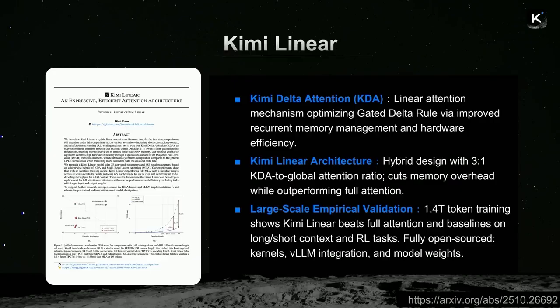It contains this new linear attention variant called Kimi-Delta attention, which improves the original gated delta rule, GDR, by improved recurrent memory. I will show the details later. And at the same time, we're going to mix linear attention layers with full attention layers using a 1-to-3 ratio so that you can balance between these long context capabilities and at the same time having a more efficient implementation.